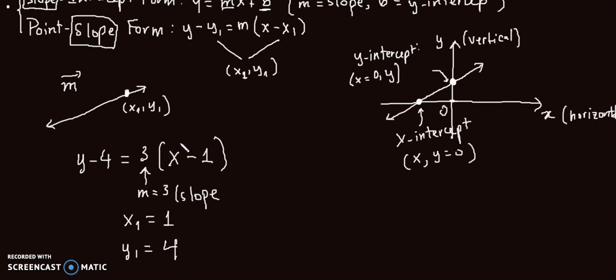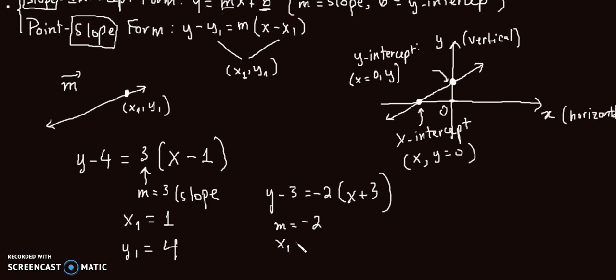So remember that. If the sign in front of the number is negative, then you keep the same number. What if I have y minus 3 equal to negative 2 times x plus 3? In this case, the slope is whatever number is in front of the bracket, which is negative 2.